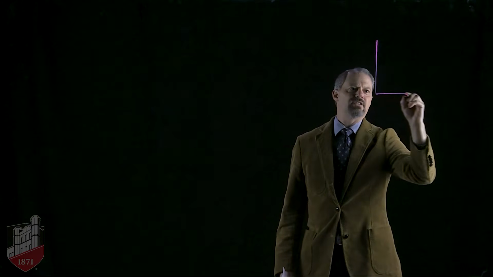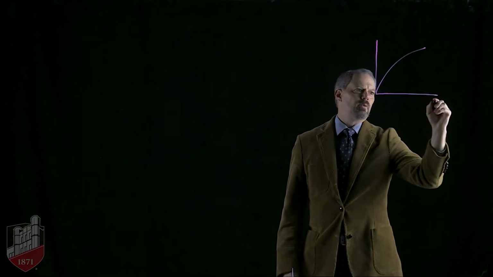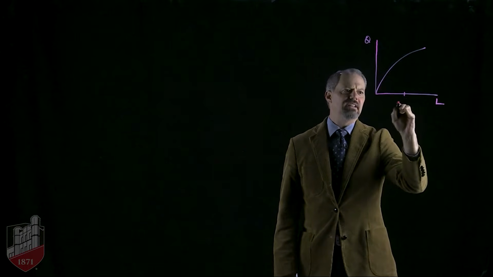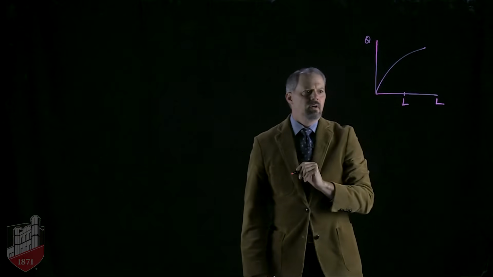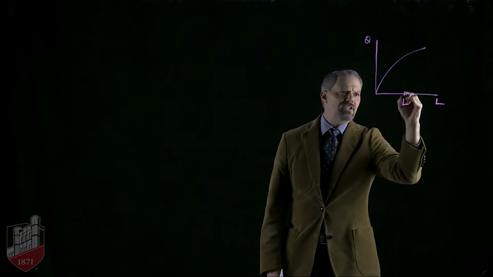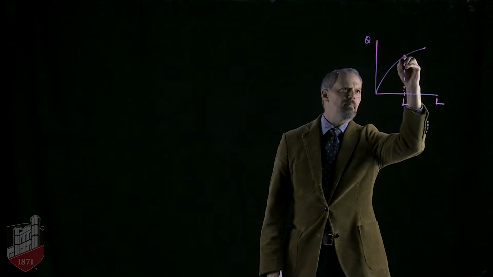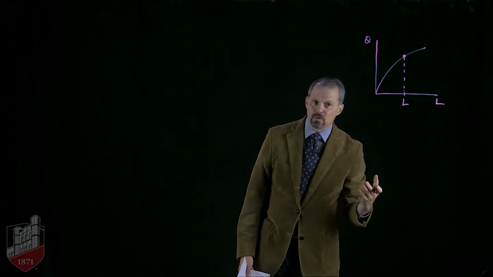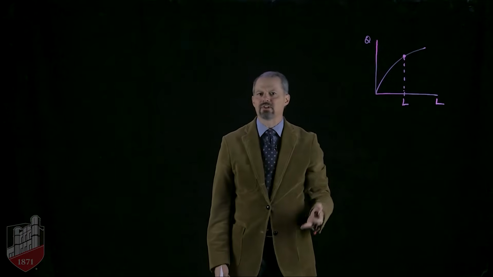In other words, if I go back and draw a quick sketch of a production function where we've got labor here and output here, and let's suppose we're using this much labor, we want to make sure that we're actually getting that much output. Right? You can have a situation where you've got workers that aren't doing what they're supposed to do.